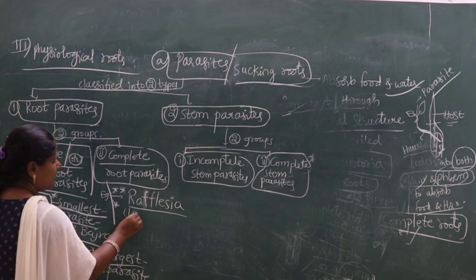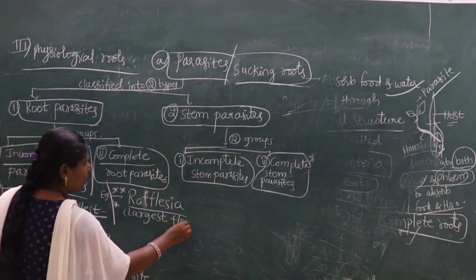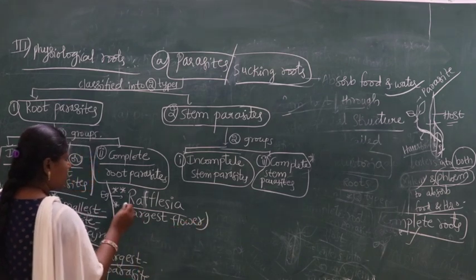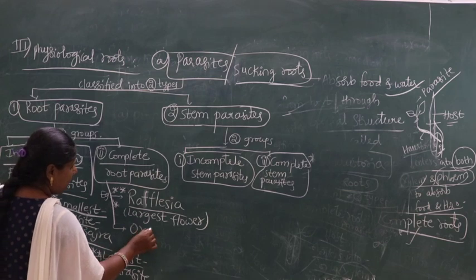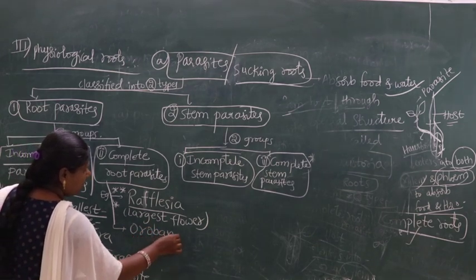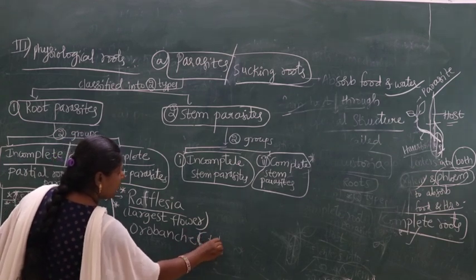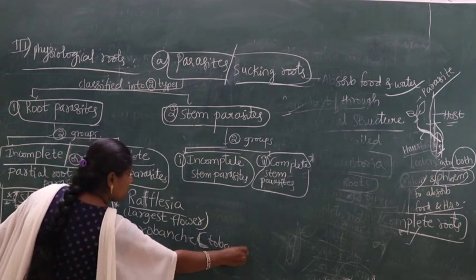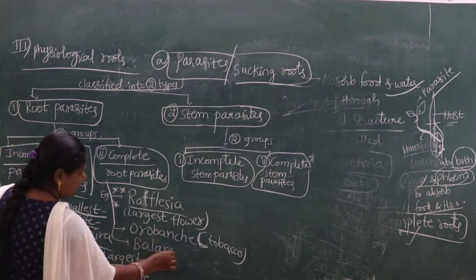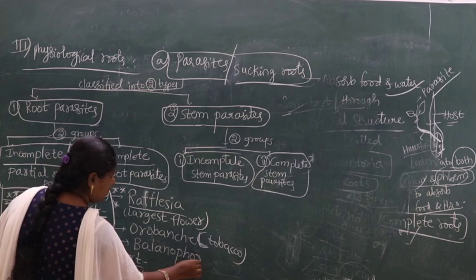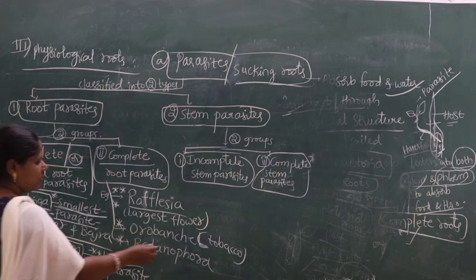Rafflesia is considered the largest flower, and you can also take Orobanche. Orobanche is found as a parasite on the tobacco plant, and Balanophora. Okay, three examples again here.